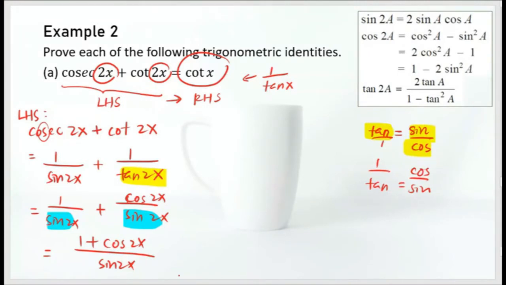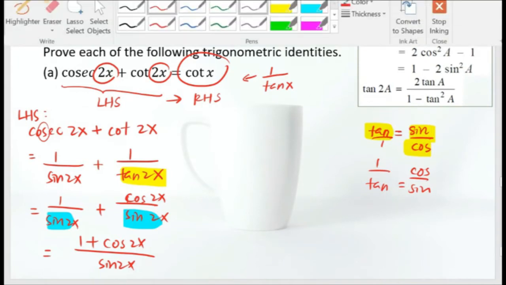Anything I do wrong? 1 plus cos 2x, 2 sine x cos x. Okay, never mind, we do it one by one. The bottom part, now we do the bottom part first.